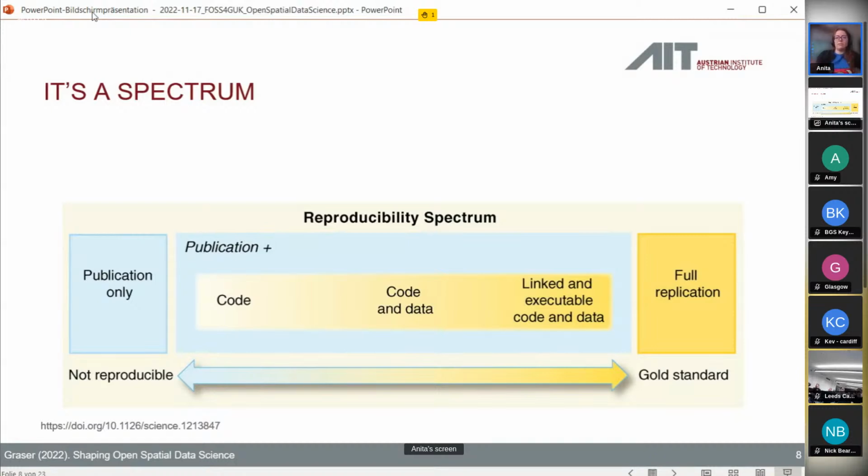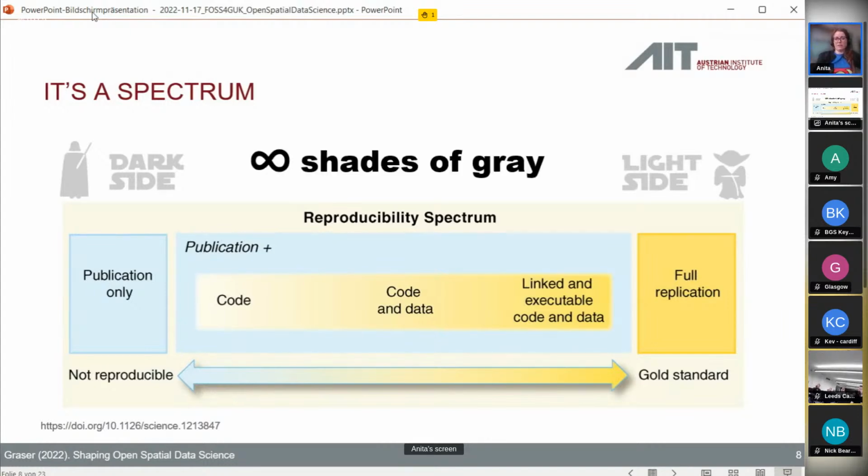Any place in between is a step forward, at least from the still standard publication only, dark side of the spectrum, going to really full replication, the gold standard, on the light side of the spectrum.